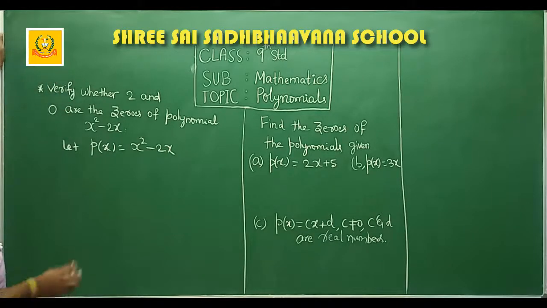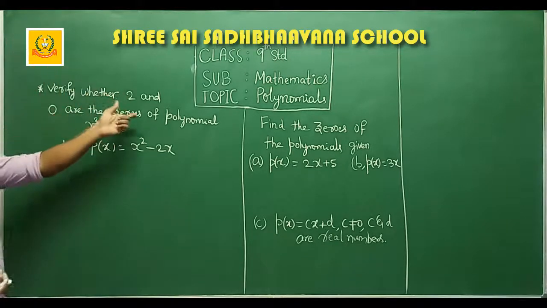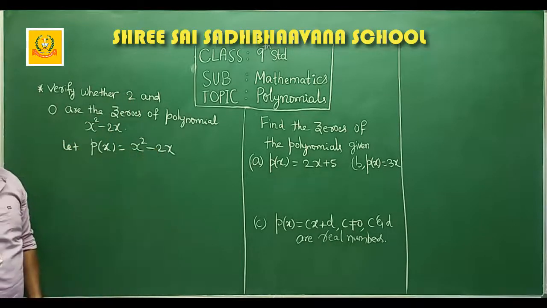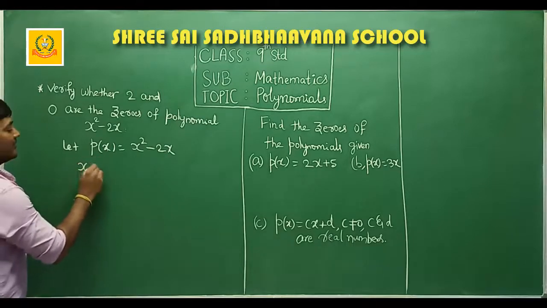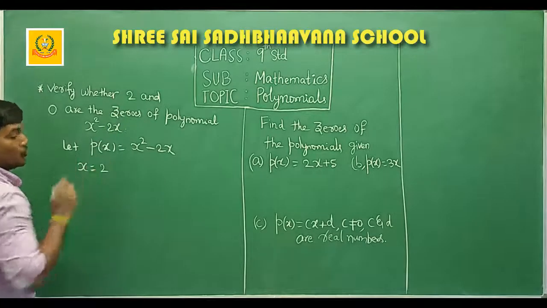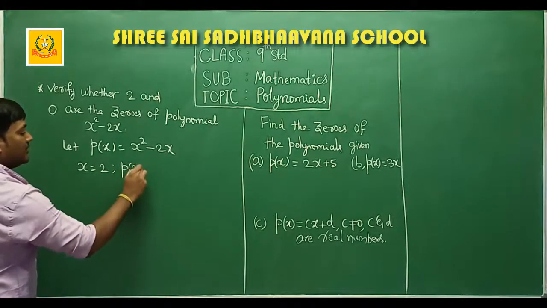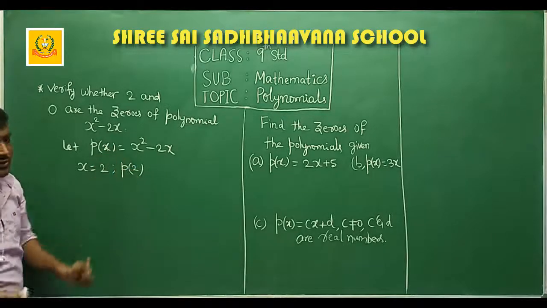Now we have to check whether 2 is a zero of the polynomial. So whether this 2 is a zero of this polynomial or not, how to check? We just have to substitute 2 in the place of x. We discussed the same kind of sums in the last class also. P of 2: in the place of x, I am substituting 2.